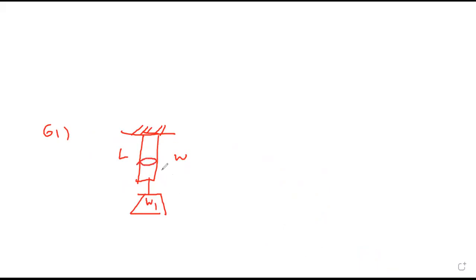S is the area of cross section. Then the stress in the wire at a height 3/4 of L. At the height 3/4 of L, we want the stress.